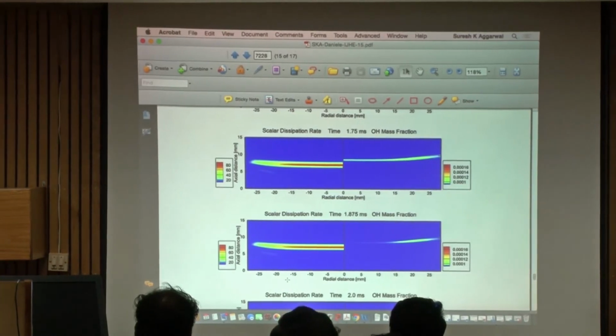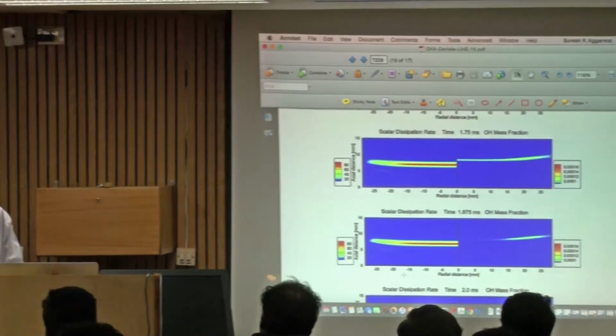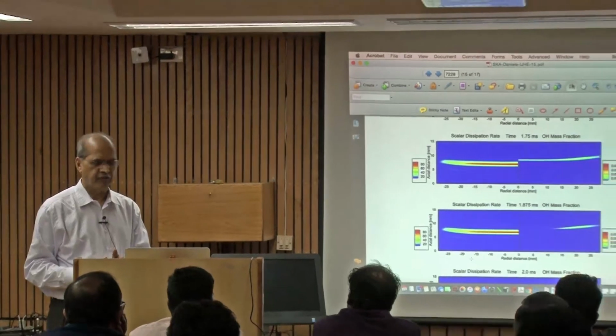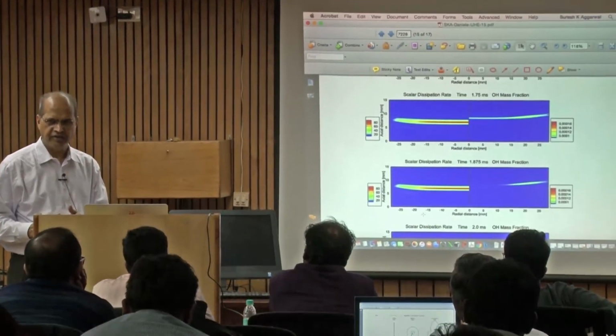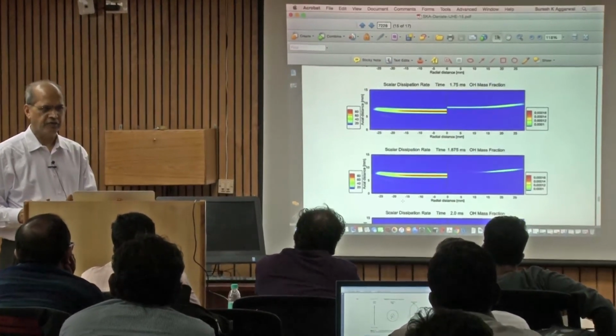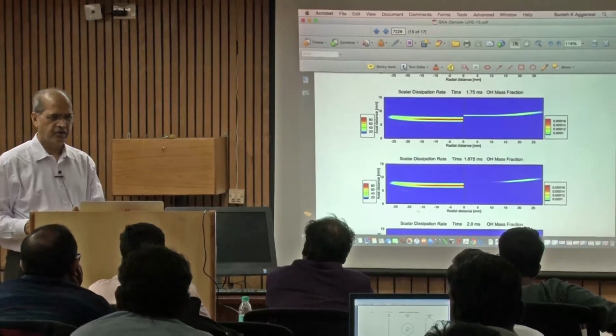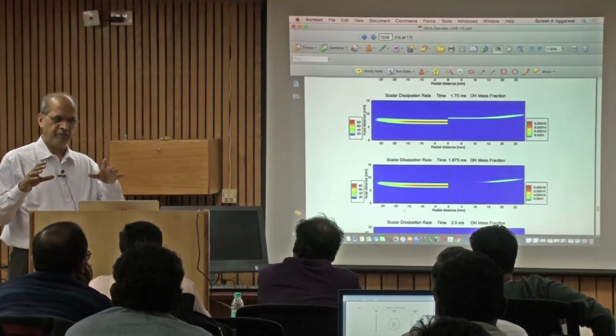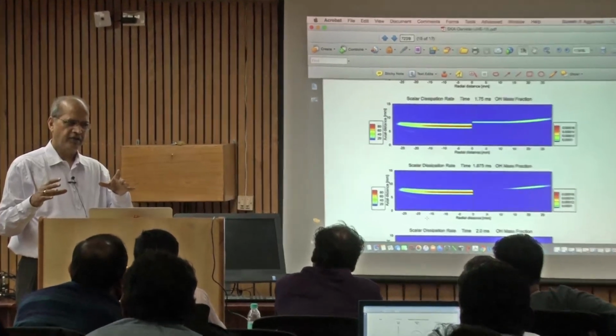If you reduce the mole fraction of oxygen from 0.07 to 0.06, then the flame will extinguish. So we take a flame at 0.07, and now we change the mole fraction of oxygen to 0.06. Since you are doing an unsteady calculation, you can see what will happen to that flame. So that's the value of the unsteady calculation.